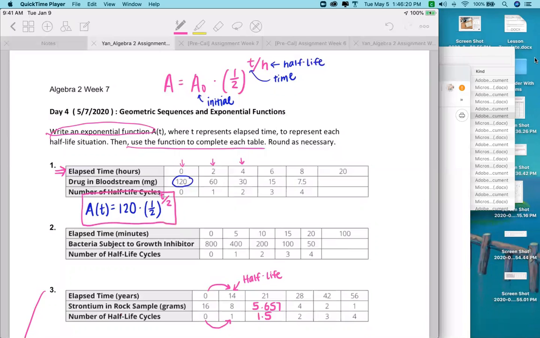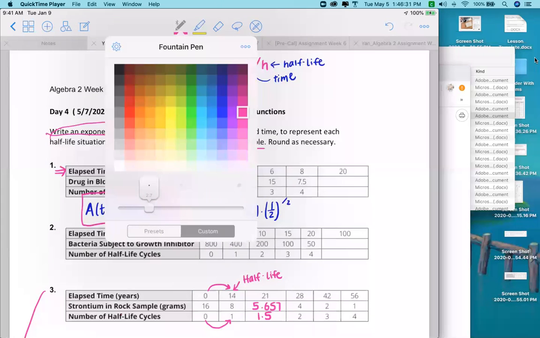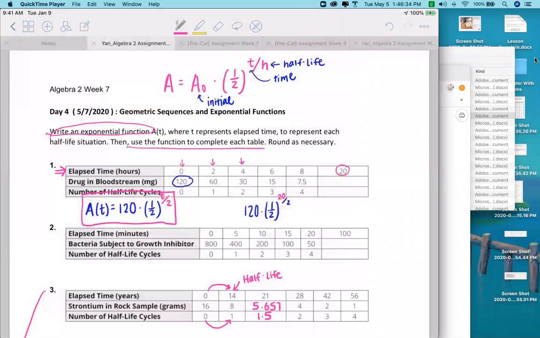And then I have to substitute 20 in my equation. Let me just do all of this first. I'm going to put 20 up at the T. And then I'm going to do this step first. 20 divided by 2 is 10, right? That's telling me which cycle I'm on. So that's 10. And then the rest, you want to put in the calculator: 120 times 1/2 to the 10th power.